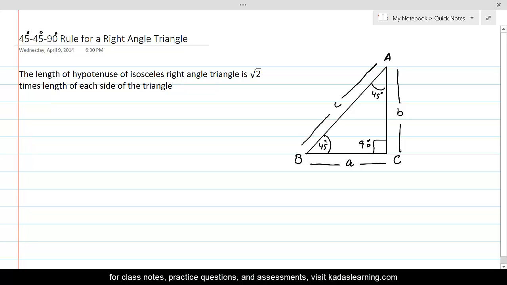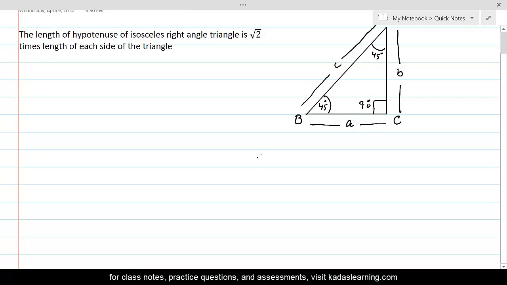Now we have learned a very interesting result about triangles, that sides opposite to equal angles of a triangle are also equal.